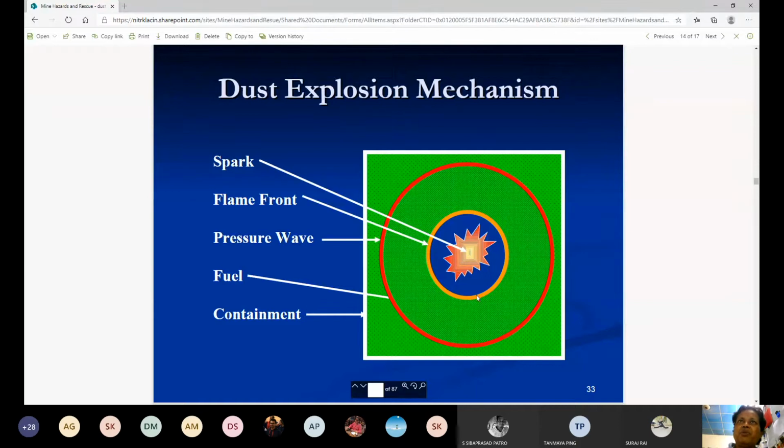This is the ignition source. This is the flame front, and then the dust is the fuel, and this square shape is the containment.